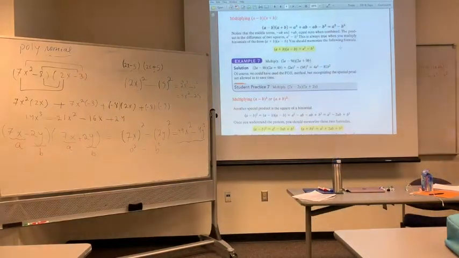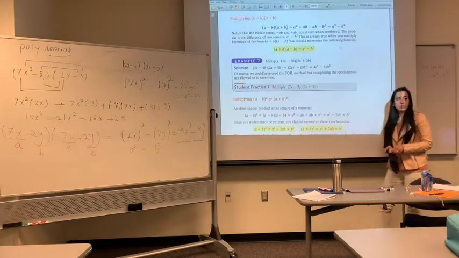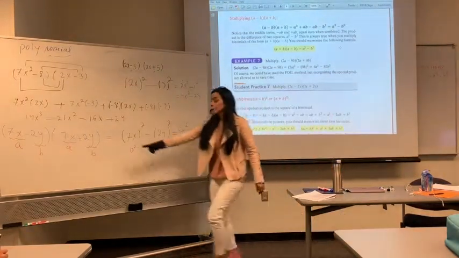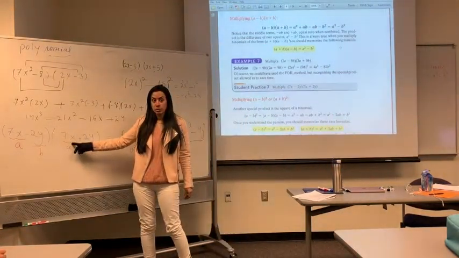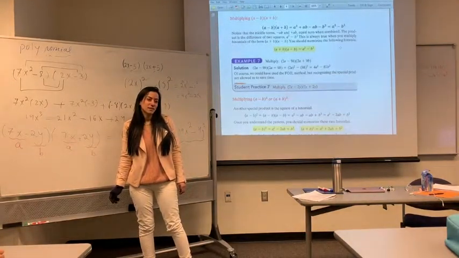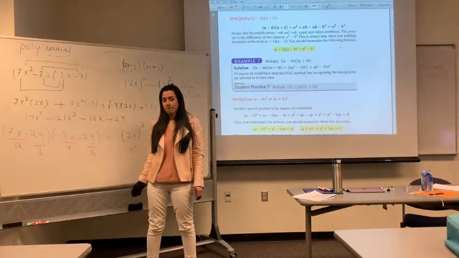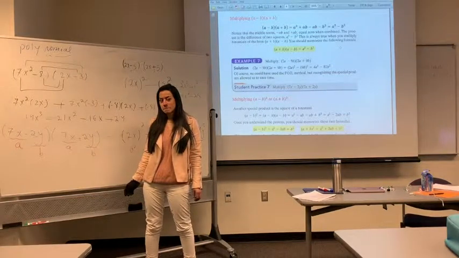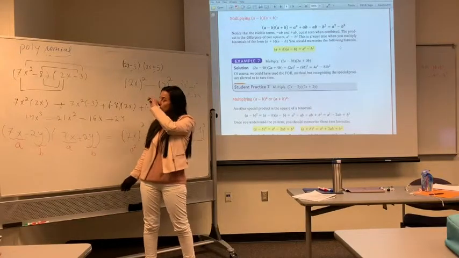Yes. What if the first term is negative? Okay, let's do that. Like negative 7x, negative 2y. Then they're not the same. Like how about if the first and the second term are negative, like 7x is negative and the 7x is negative too.